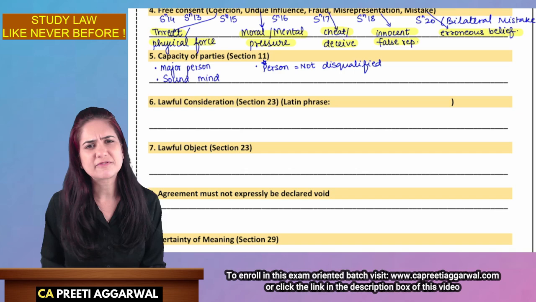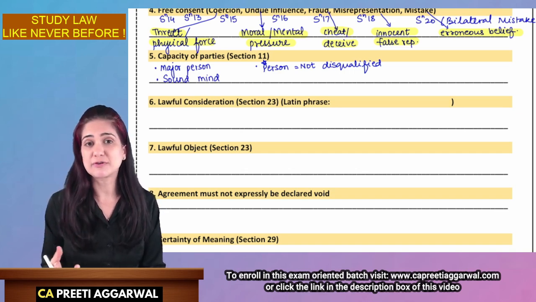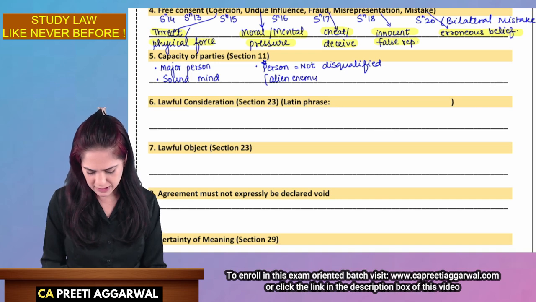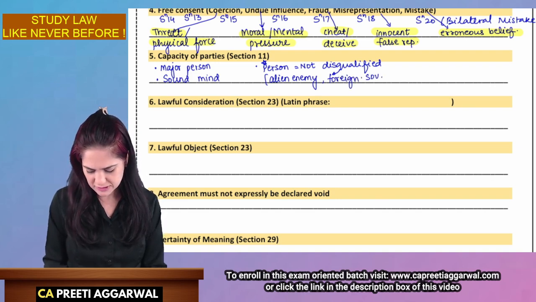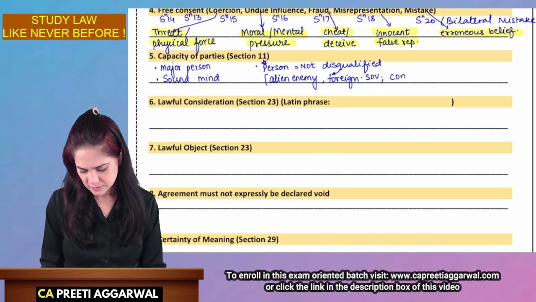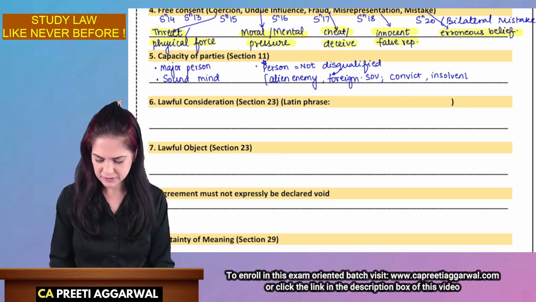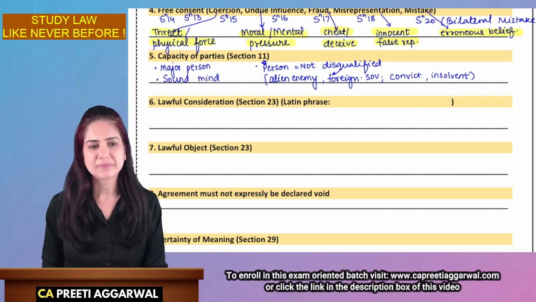Who is disqualified? Alien enemy, foreign sovereigns, ambassadors, convict, insolvent. So write down: alien enemy, foreign sovereigns, convict, and insolvent. They cannot enter into contract.